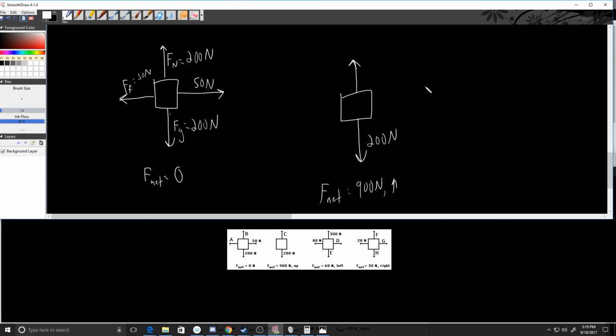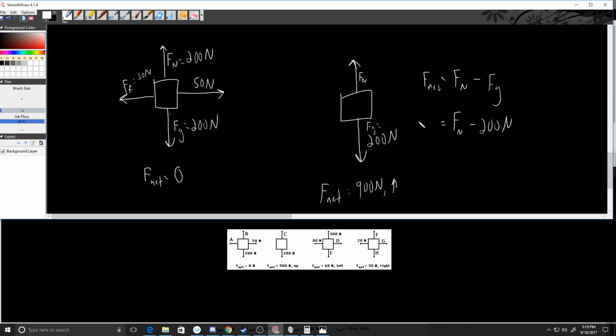So really, F net, let's even just call this, I'm going to call it the normal force. It could be the applied force. Really, it's just going to be Fn minus Fg. So in this case, F net is equal to Fn minus 200 newtons.